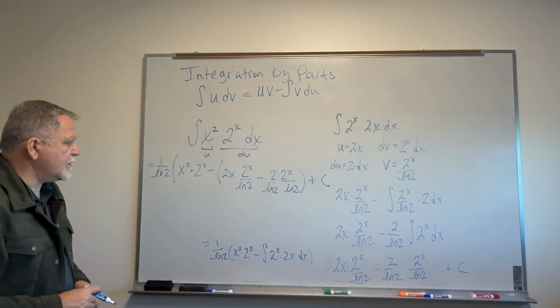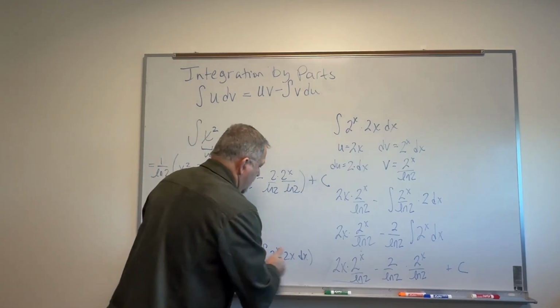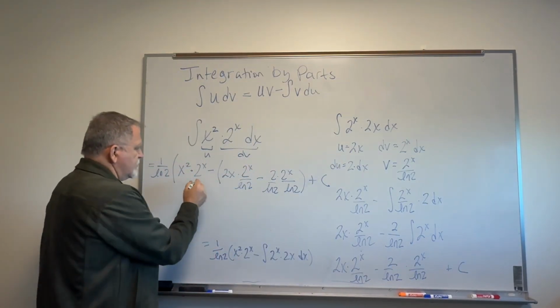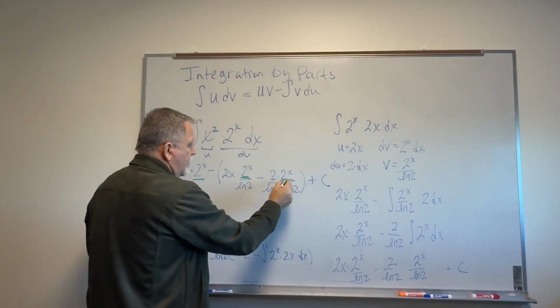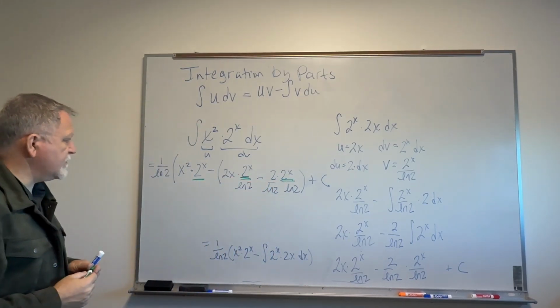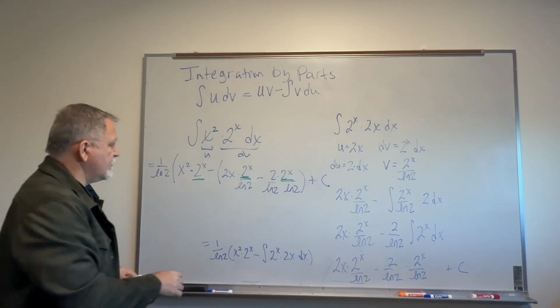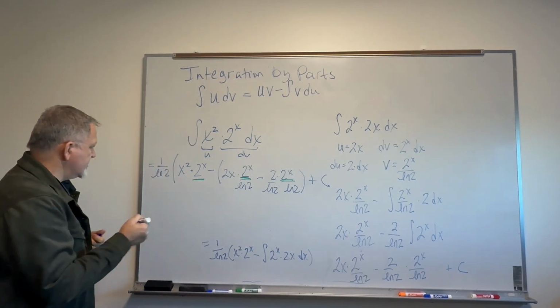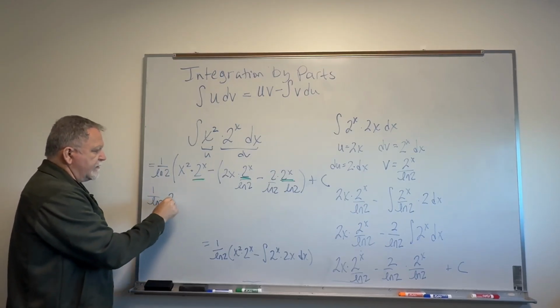All right, so can I factor anything out, anything that appears in common? Well, I notice here that the 2 to the x appears everywhere. So I'm going to go ahead and factor that out here to the front and see what that leaves me with. So I'm going to have 1 over the natural log of 2. I'm factoring out that 2 to the x.